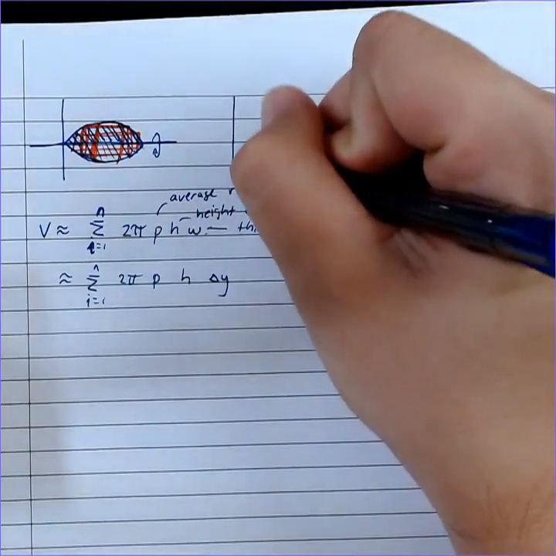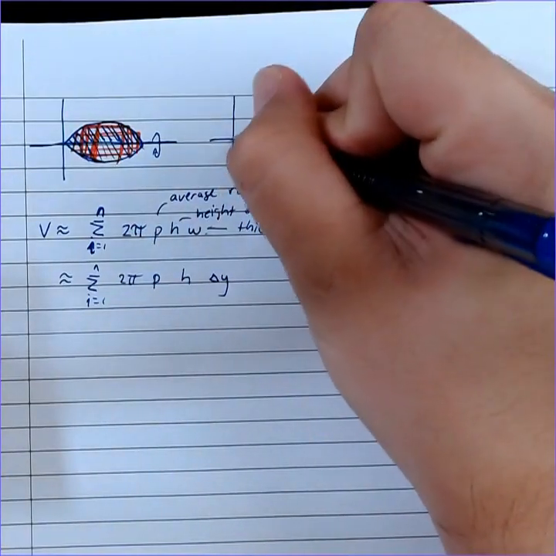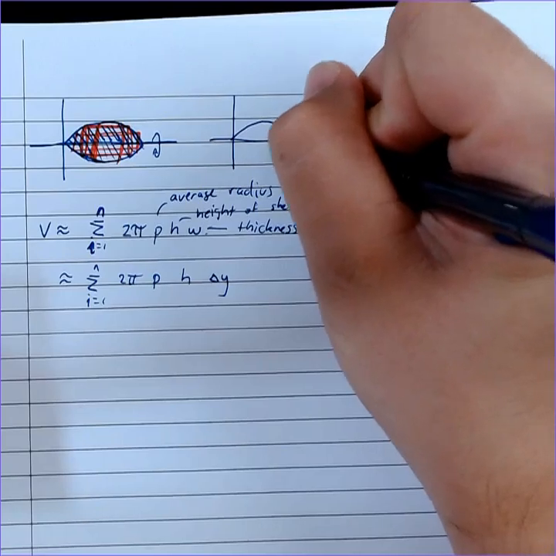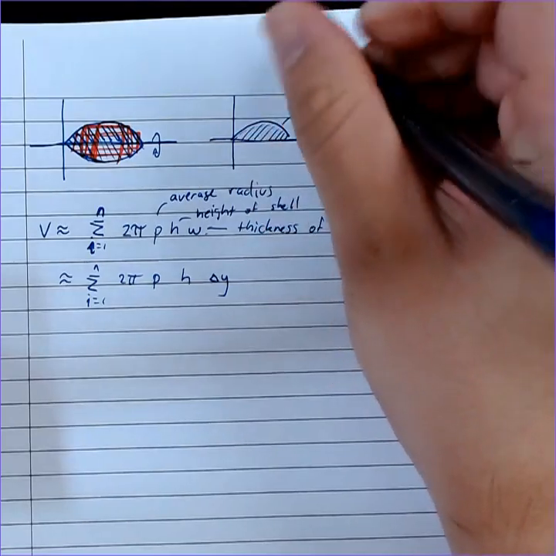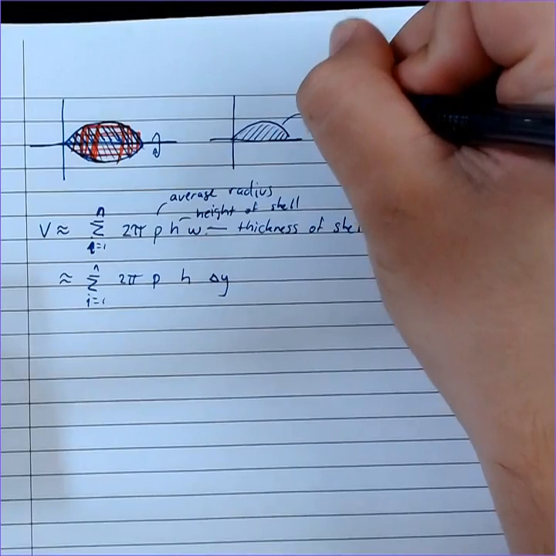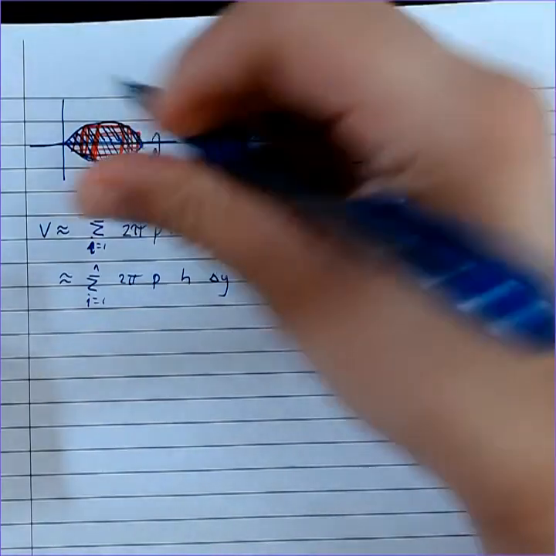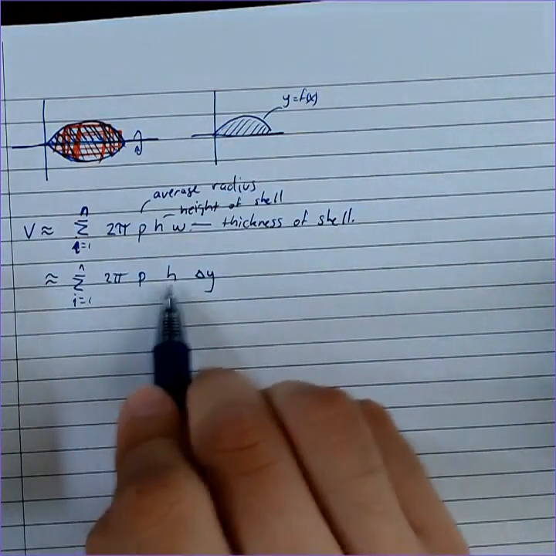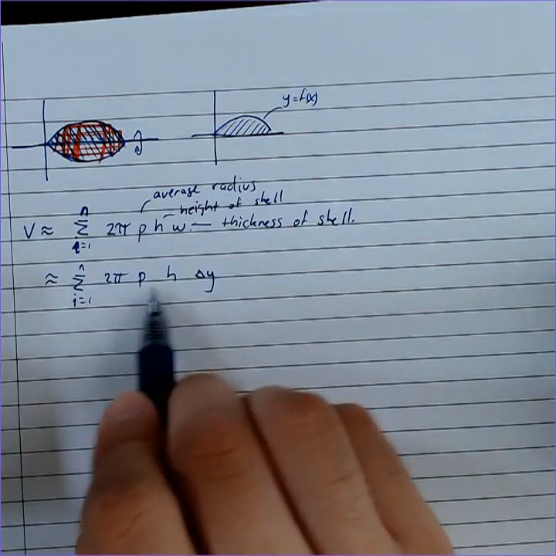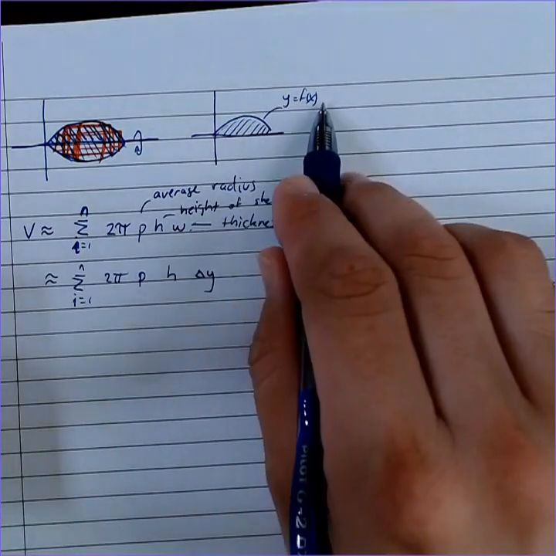Or in other words, I know that's a 3D object, but I'm starting with a two-dimensional region, and this right here is a function. Right here I have y equals f of x. So that function will govern what these variables are. So these variables aren't independent variables, they're functions.